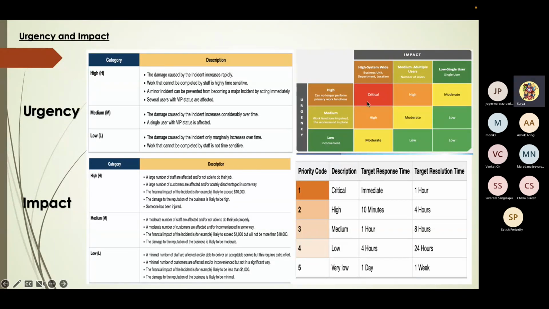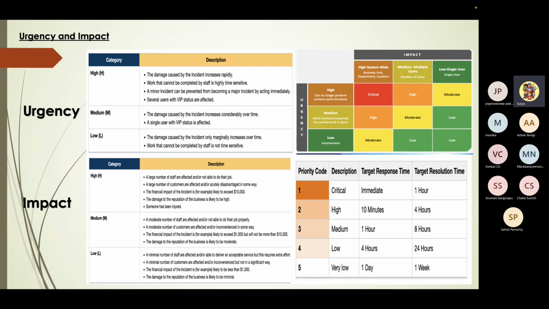If you see the matrix here, high and high will give the critical. If the impact is high and urgency is also high, we will consider it a major incident. That is what we call a major incident.